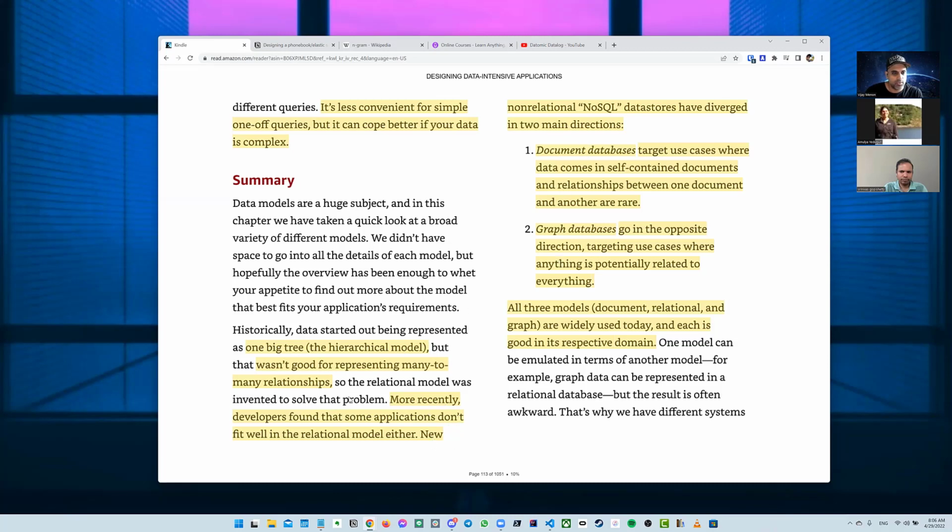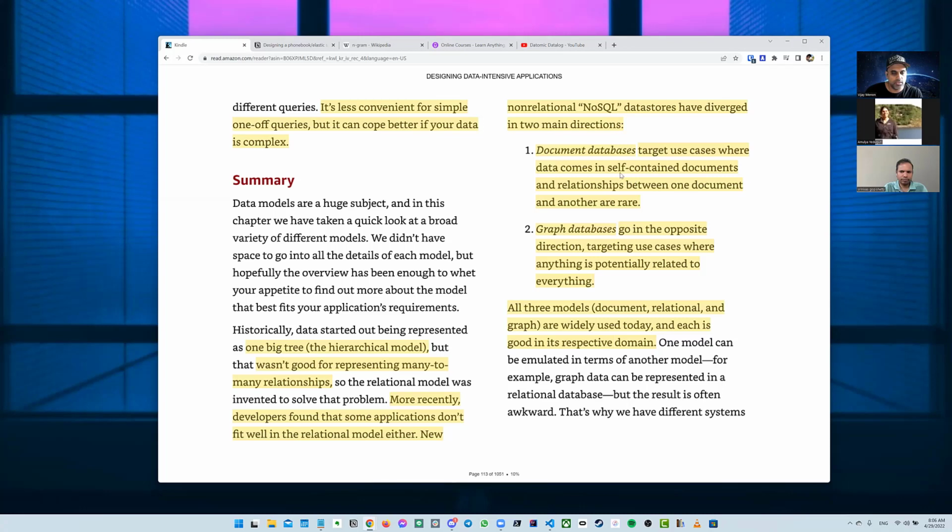Then we also have the relational model, which is your traditional SQL. But as of recent, some applications don't fit well in relational models either. So now we have NoSQL data stores in basically two categories: document databases and graph databases.